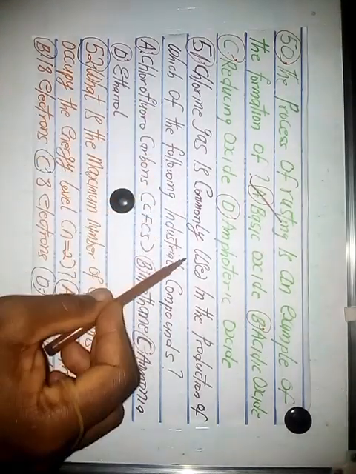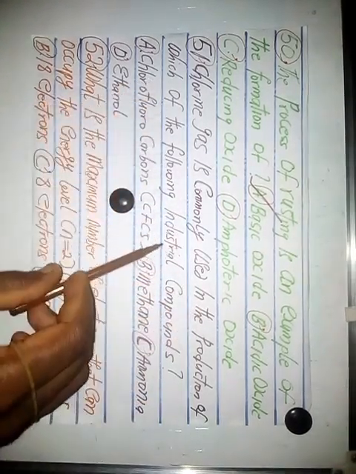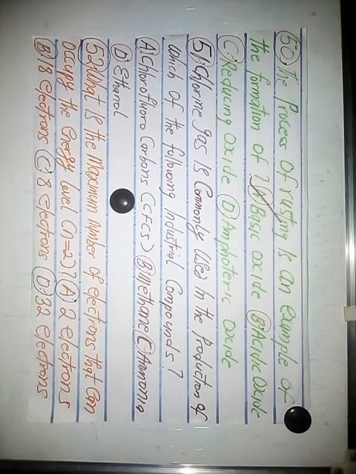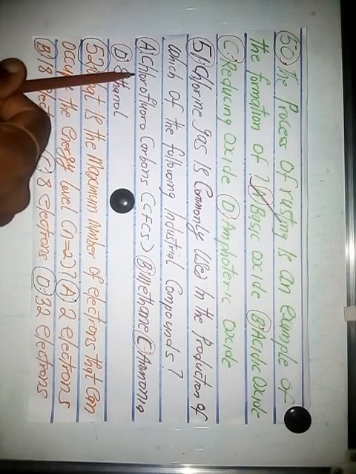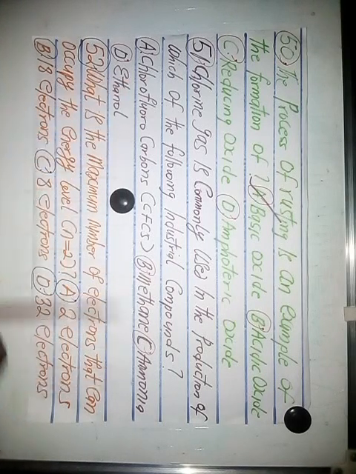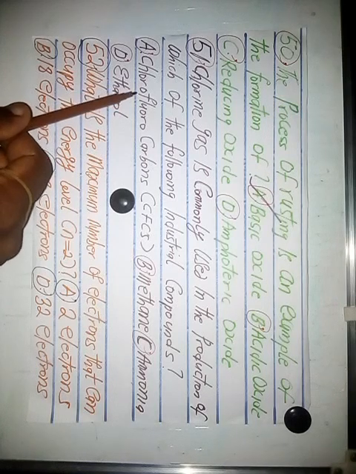Chlorine gas is commonly used in the production of which of the following industrial compounds? We have chlorofluorocarbons, methane, ammonia, ethanol. In this kind of question, they are mentioning chlorine, and chloro appears in one of the compounds, which is chlorofluorocarbon.